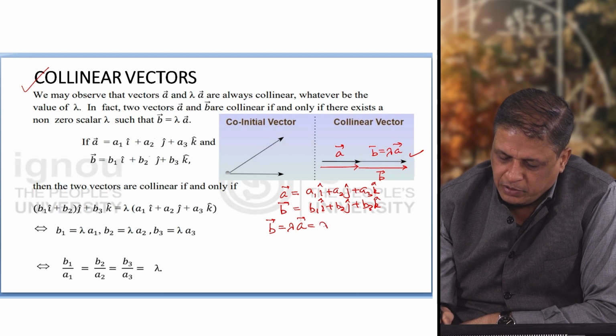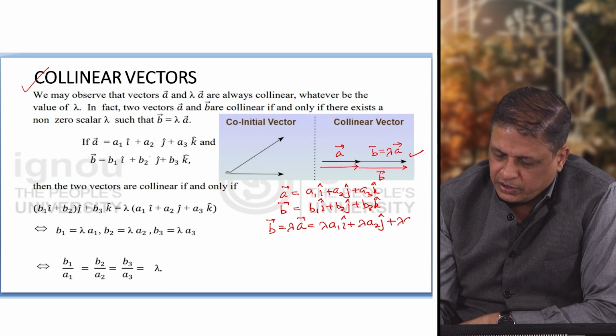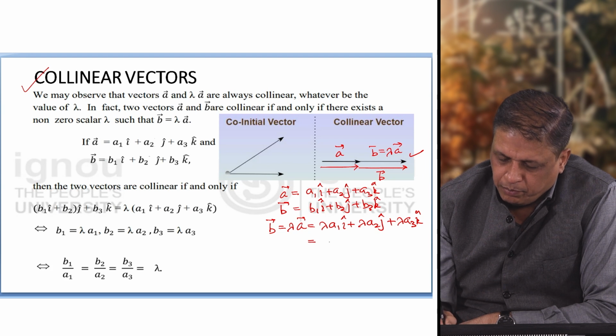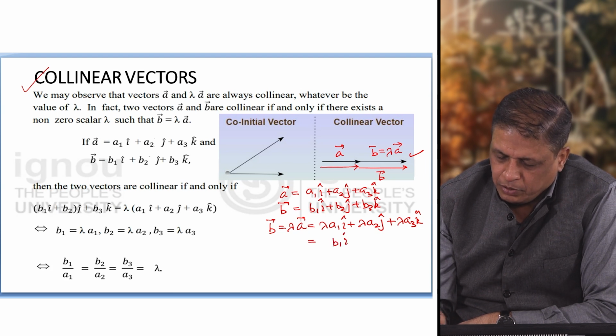So, lambda times A1 i plus lambda times A2 j plus lambda times A3 k unit vector is equal to B vector, where B vector is B1 i plus B2 j plus B3 k.